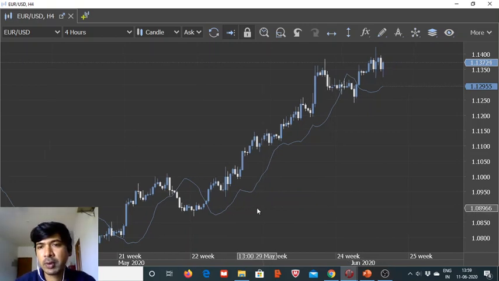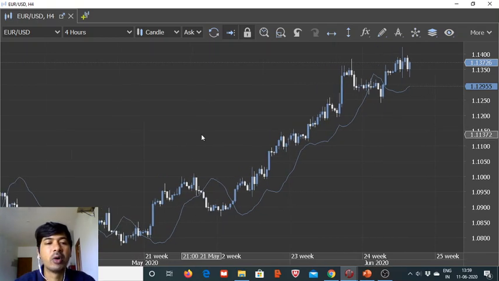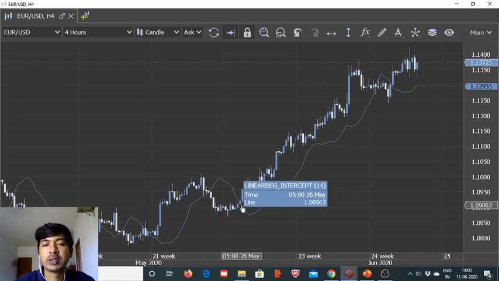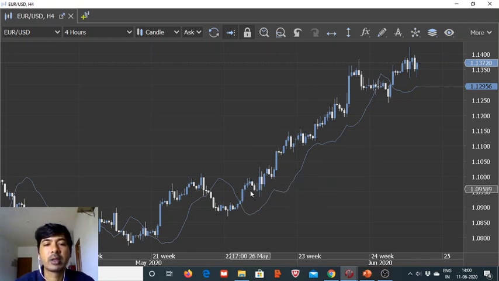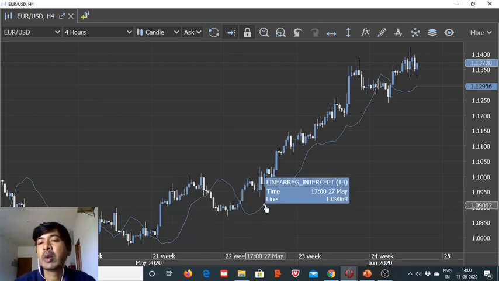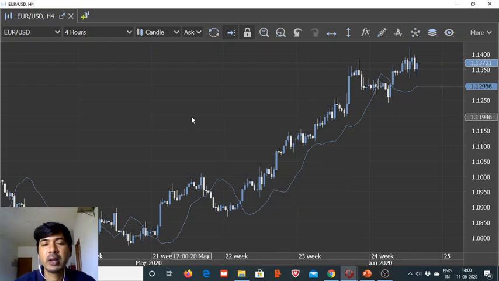Now coming to the 4 hourly chart, we are simply utilizing it as an indicator of the trend, and the assumption is fairly simple. Whenever, after being overextended, the price crosses above this linear regression intercept, we will consider it a bullish reversal, and as long as the price is above the intercept, we will be looking for buy trades using the hourly framework.